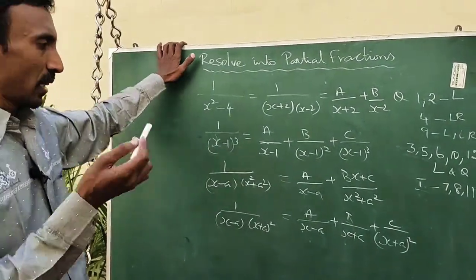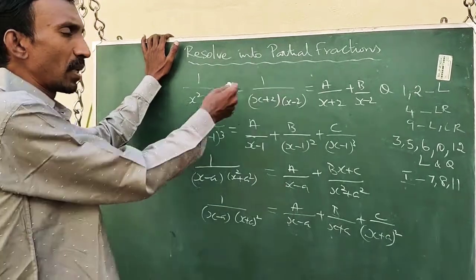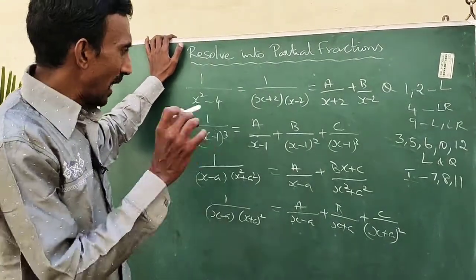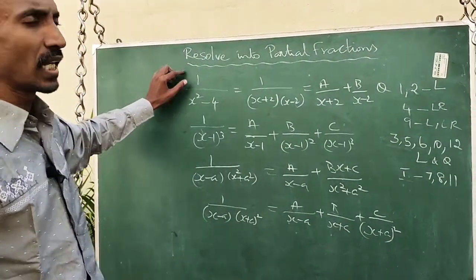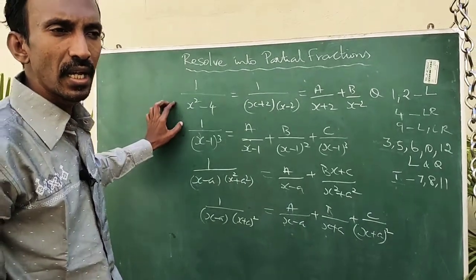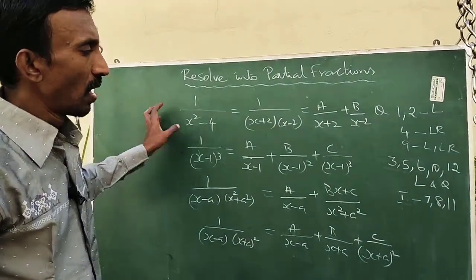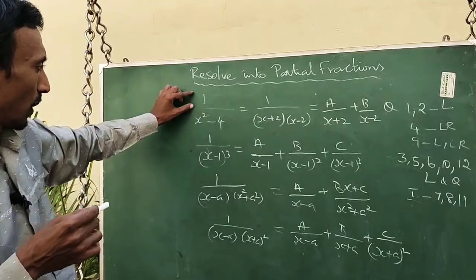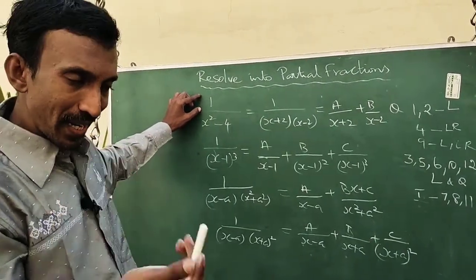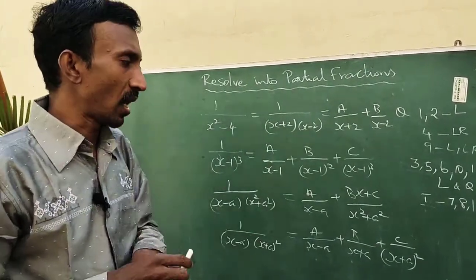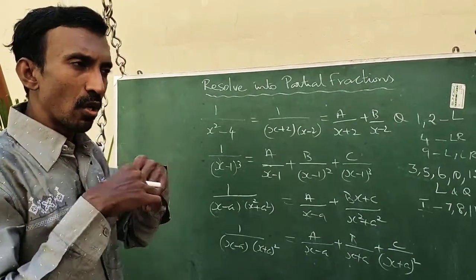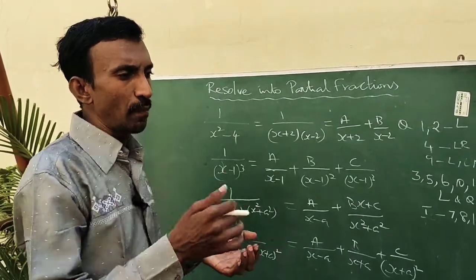These are all the methods possible for a rational expression in which the degree of the numerator is less than the degree of the denominator. Suppose the degree of the numerator is equal to or greater than the denominator, then it is called an improper fraction. So convert it into a mixed fraction, like in number theory.